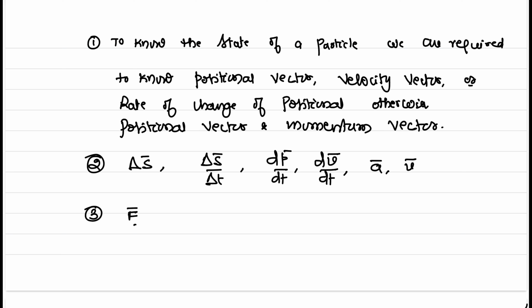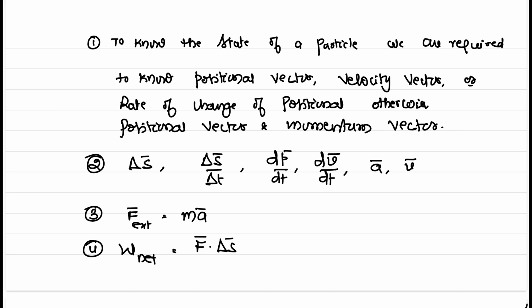F external is equal to ma, acceleration. And from there we got the definition Wnet is equal to F dot delta S, because F we know.